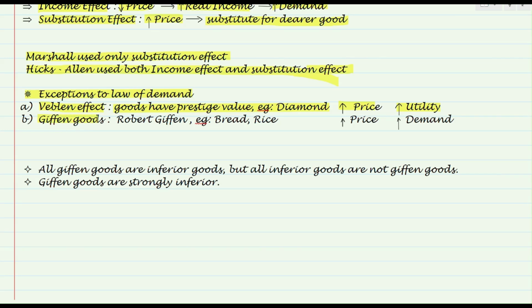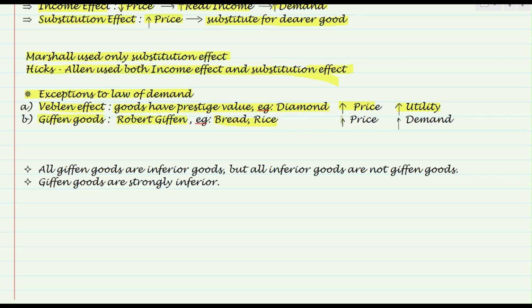The number two exception is Giffen goods. The concept of Giffen goods was given by Robert Giffen. Famous examples are bread and rice, and one of the famous examples you find in economics texts is the Irish potato example, where the price of meat rose very high and people could not afford meat.